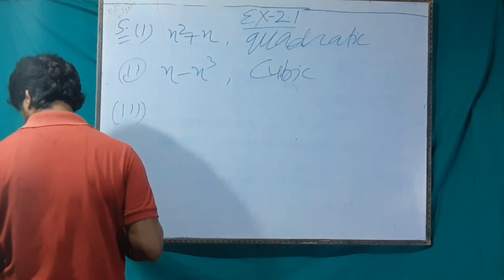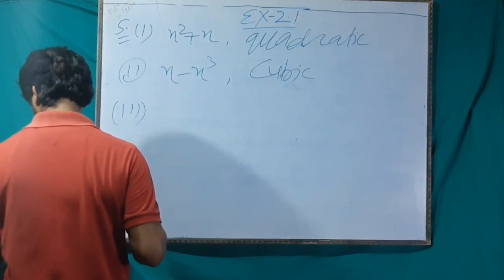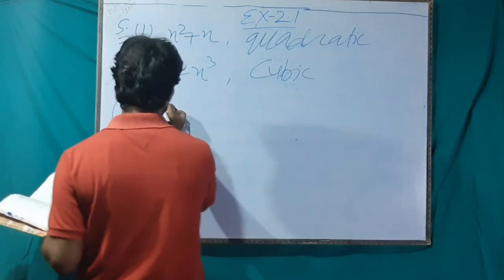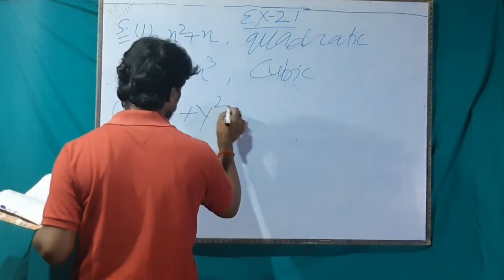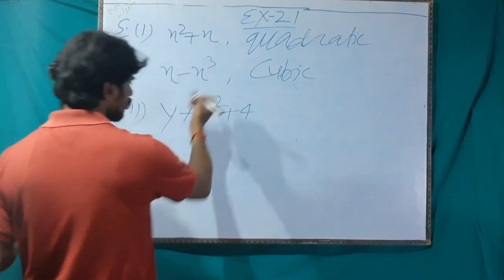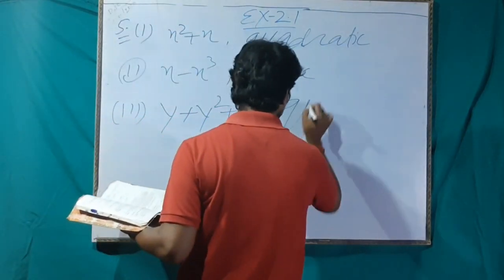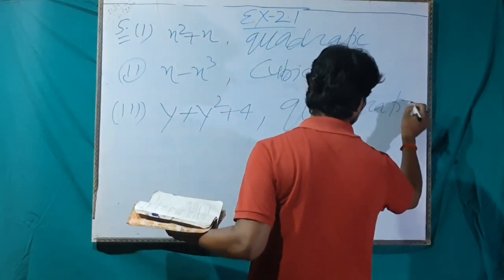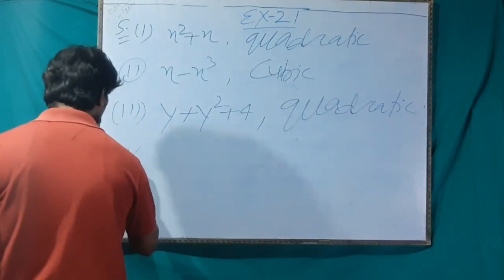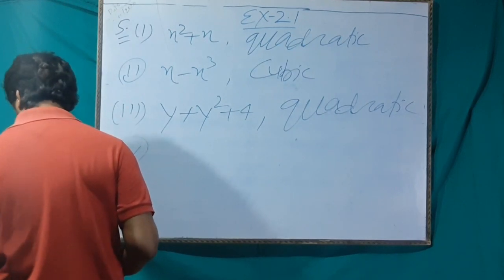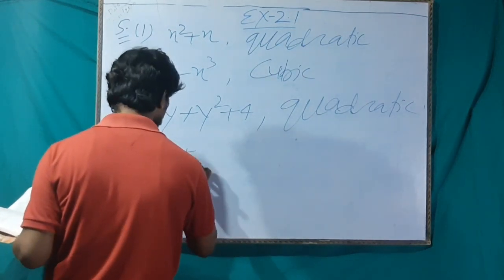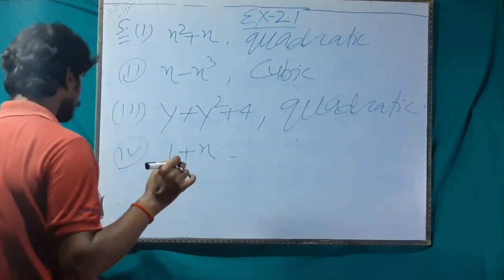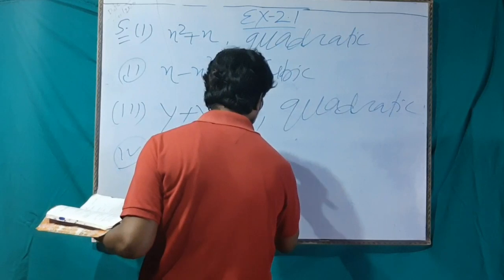Third, y plus y square plus 4. Degree is 2, so quadratic. Question fourth, 1 plus x. Here degree is 1. So its answer will be linear.